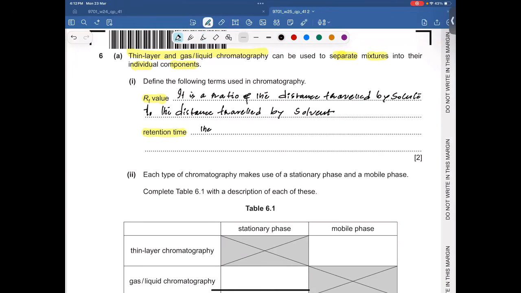And the next is retention time. The time taken of a solute to pass through the column is called retention time.